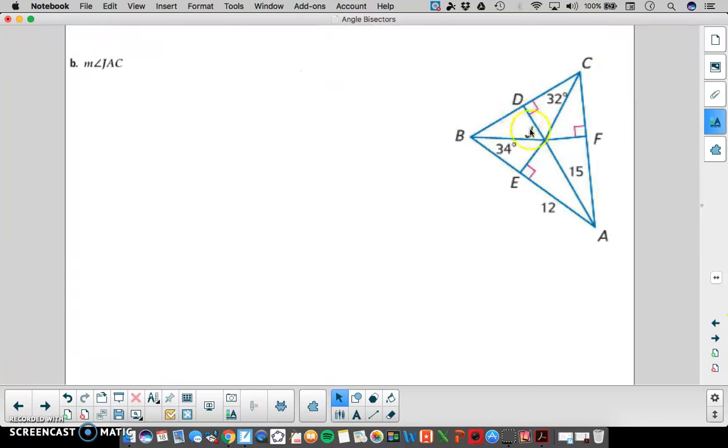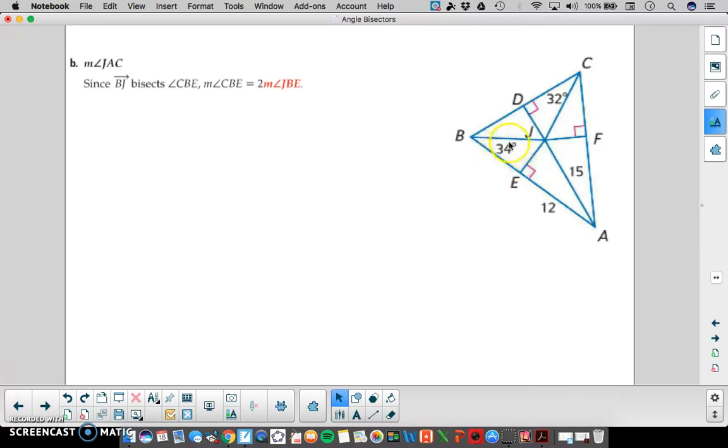Next, I want to find the measure of JAC. JAC is the angle here. Starting using the in-center theorem, we know BJ bisects angle CBE. Therefore, it's going to take two JBEs to be equal to CBE.